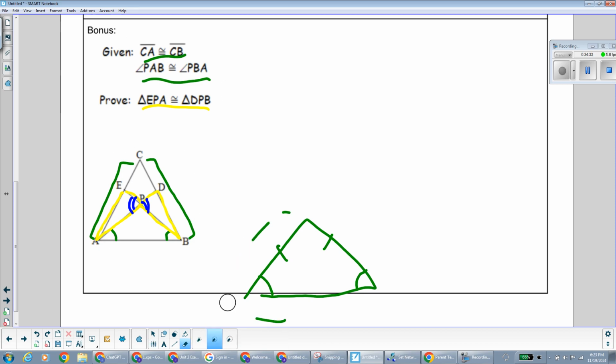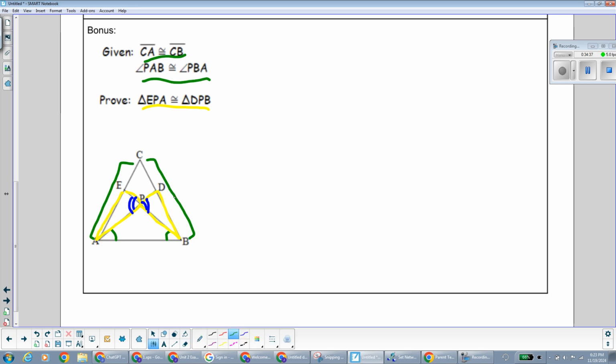So if we translate that to the big triangle, CAB, it has two equal sides, so its base angles are equal.